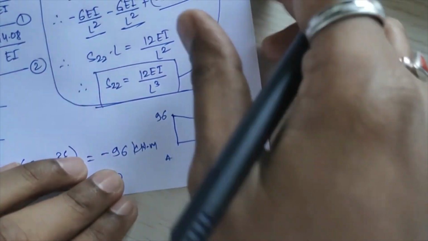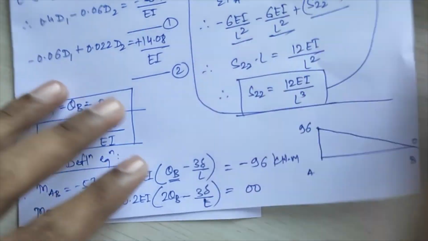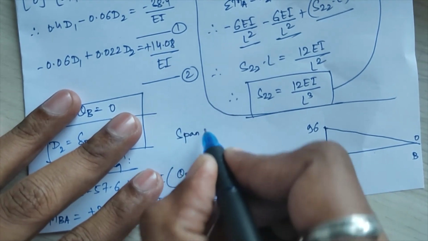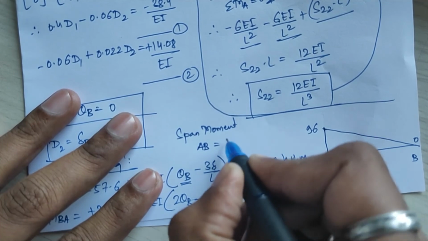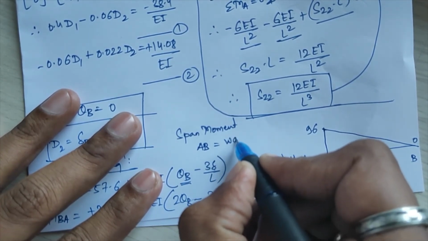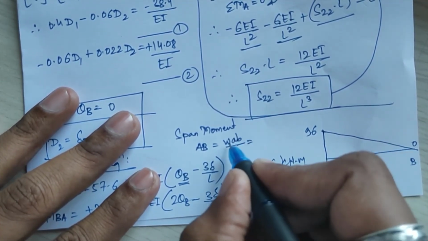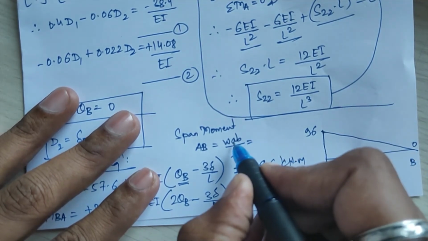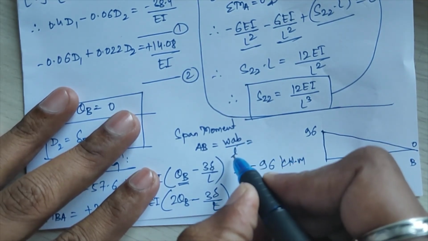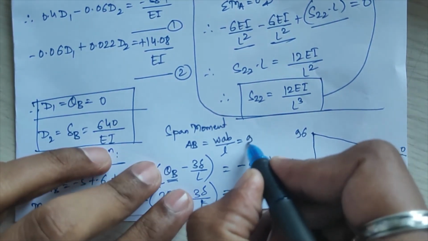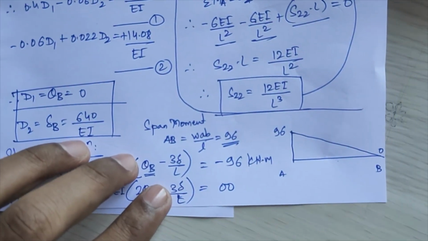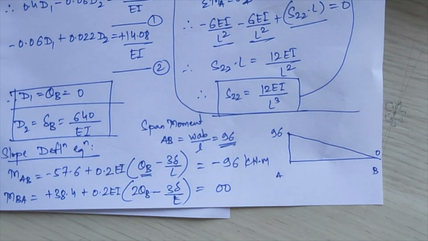Now next I have to plot the span moment. For span AB, a point load is given to you, so that will be WAB divided by L. W is 40, A is 4, B is 6, divided by L which is 10. So that span moment I have got equal to 96 again, 40 into 4 into 6 divided by 10.